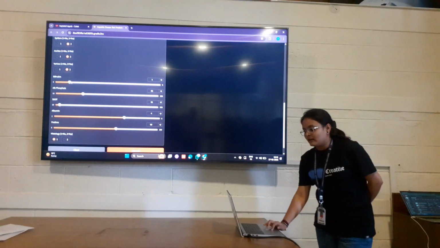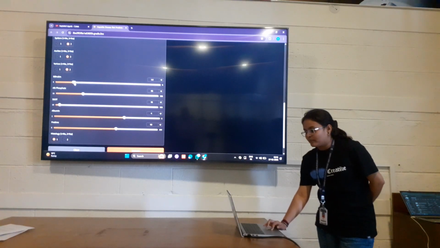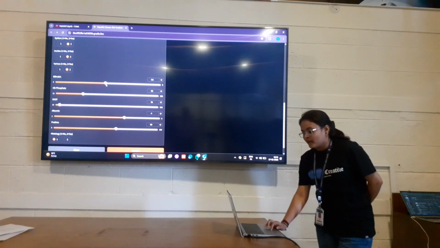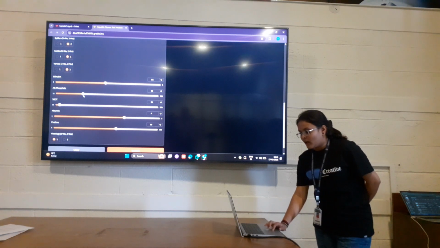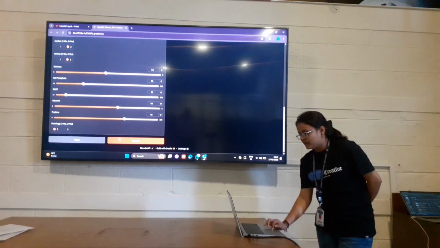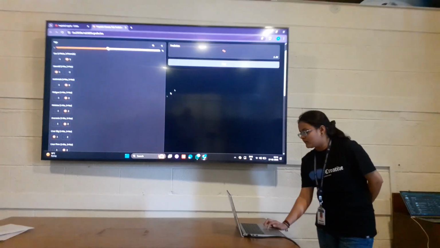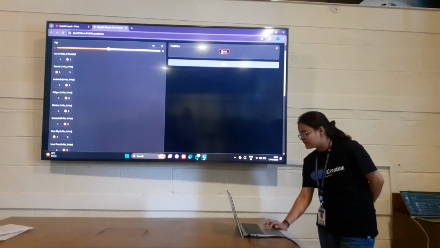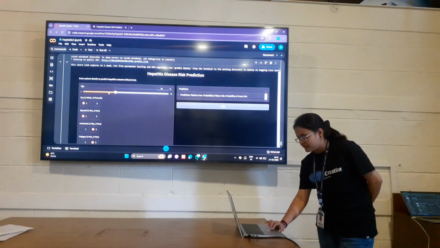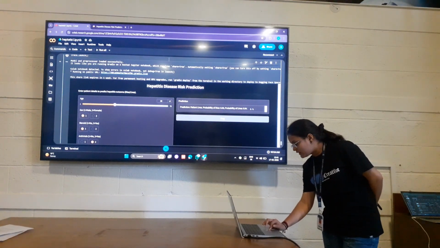And this is a laboratory test. Bilirubin, if it is high, it shows yes. Alkaline phosphate and SGOT, these are all the laboratory tests. If we submit, it shows the prediction.